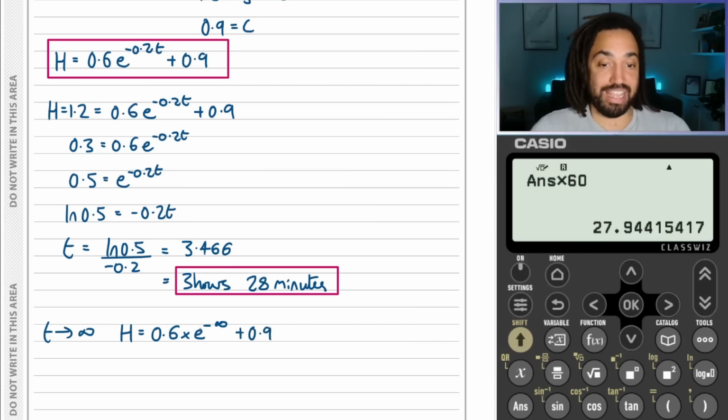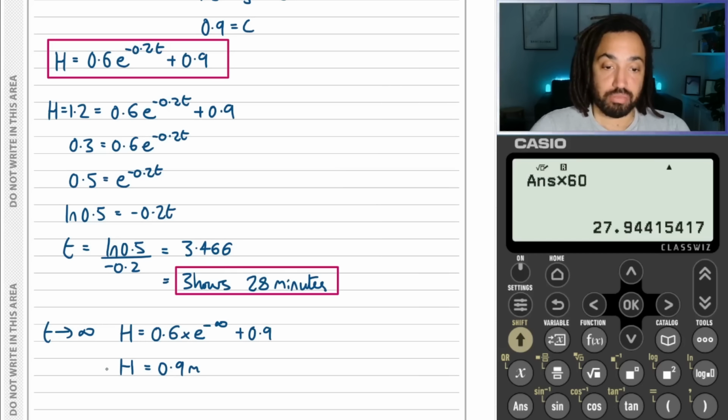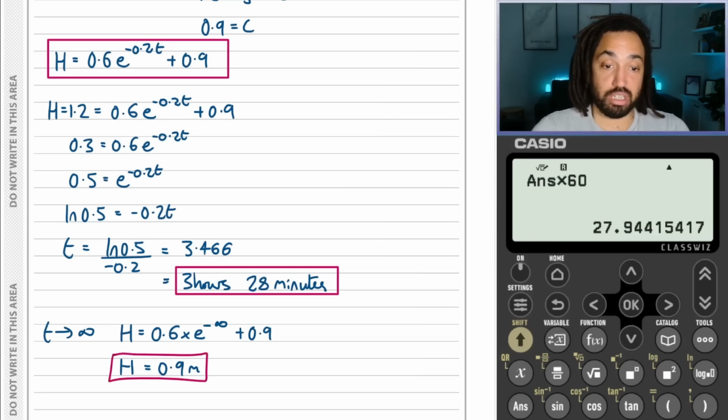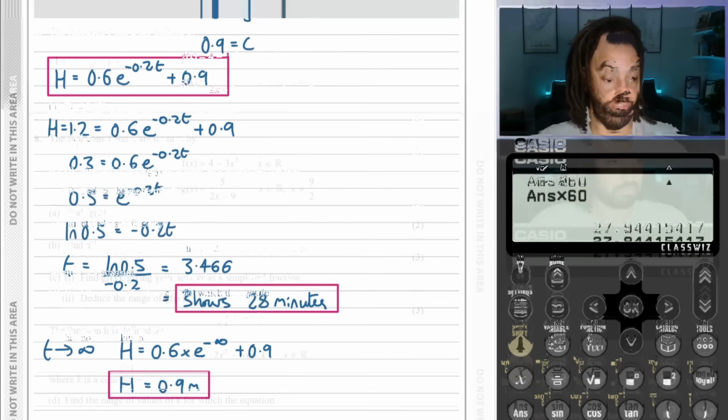So where e to a large negative number is going to tend to 0, so therefore this is just going to give us 0.9, and that's meters. And that's it. That's the final answer for that particular question. Again, you could just sub in a large number into your calculator into the formula and you'll get 0.9.